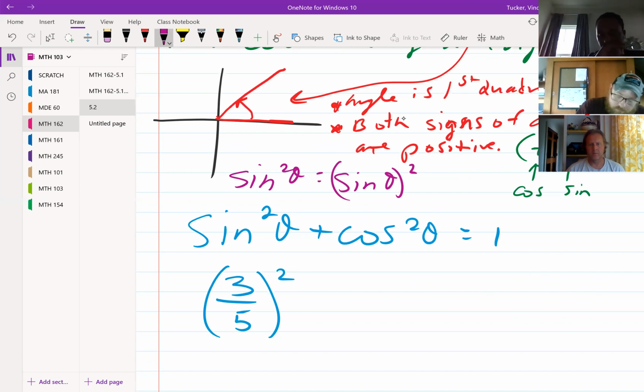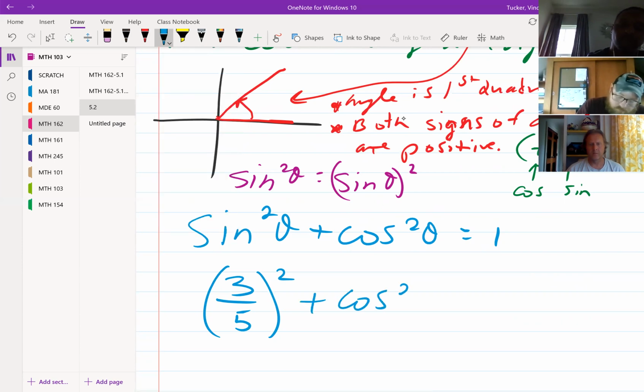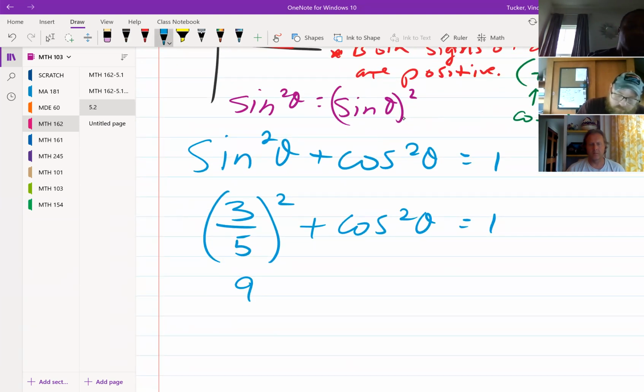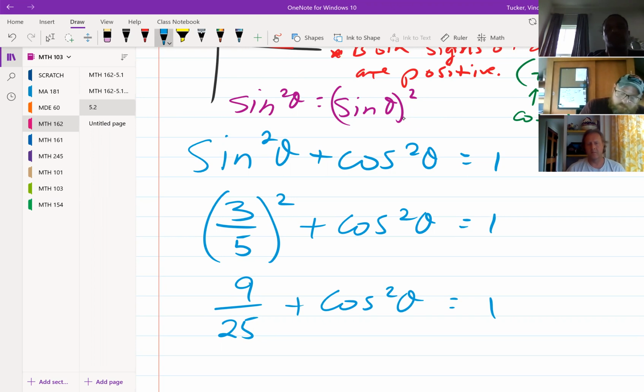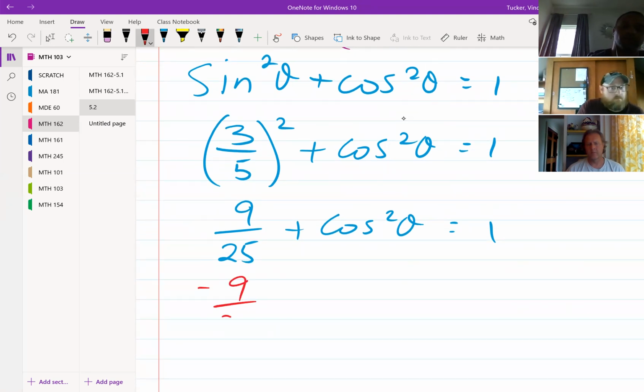It's just notation. All right, so 3/5 squared is 9/25. Subtract 9/25 from both sides.